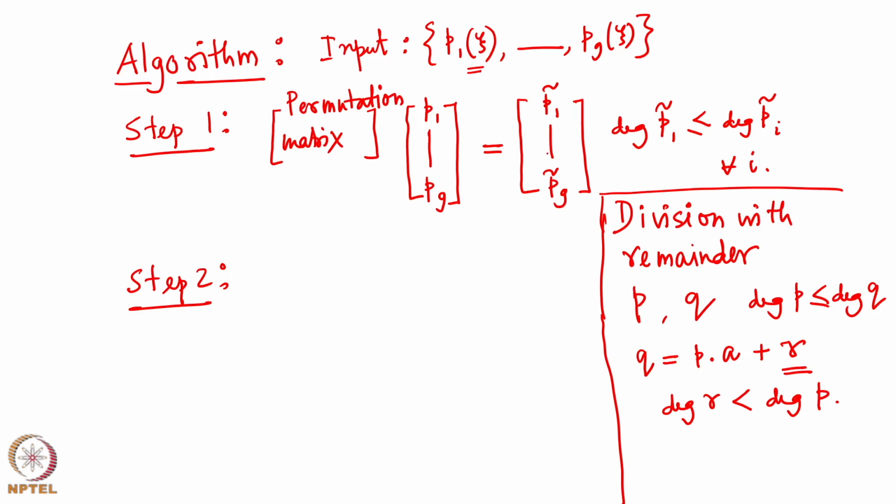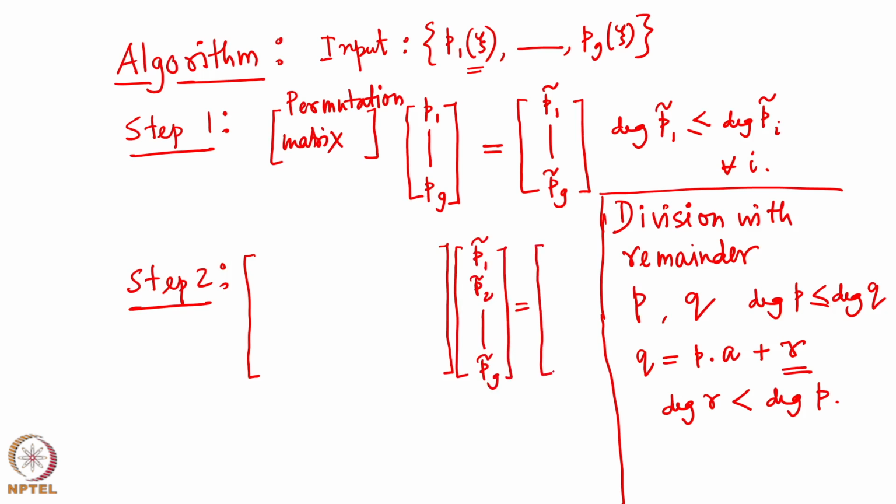So divide p2 tilde by p1 tilde, because p1 tilde has degree less than or equal to that of p2 tilde. This is a division with remainder, and the remainder will have degree strictly less than the degree of p1 tilde. And we encode this in the form of a unimodular operation on p1, p2 tilde, up to pg tilde.